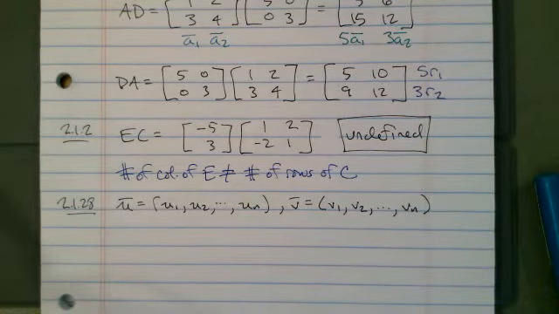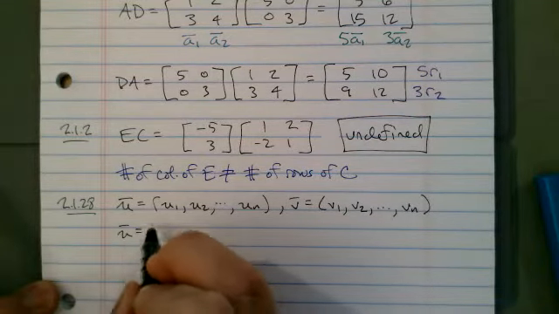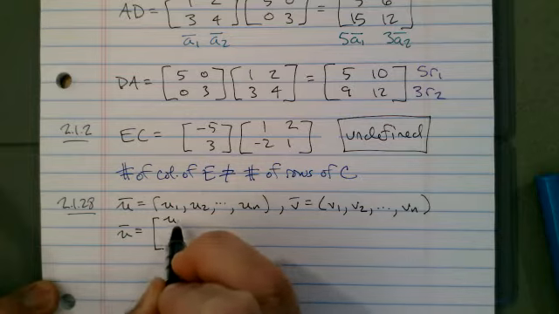So I got these two vectors, and I have a couple of products that we want to calculate. U transpose times V. I also want to think of U as a column.